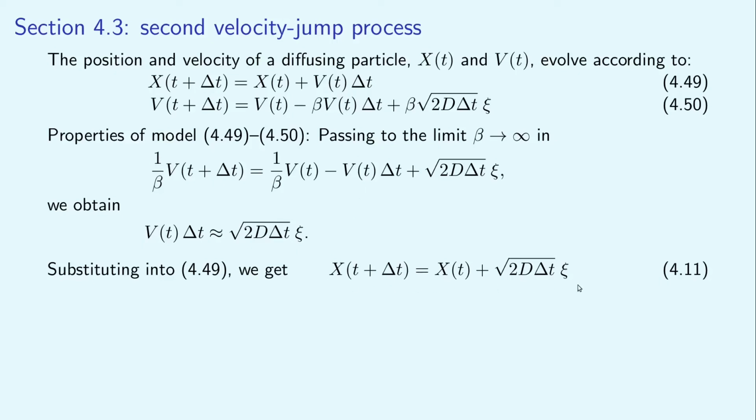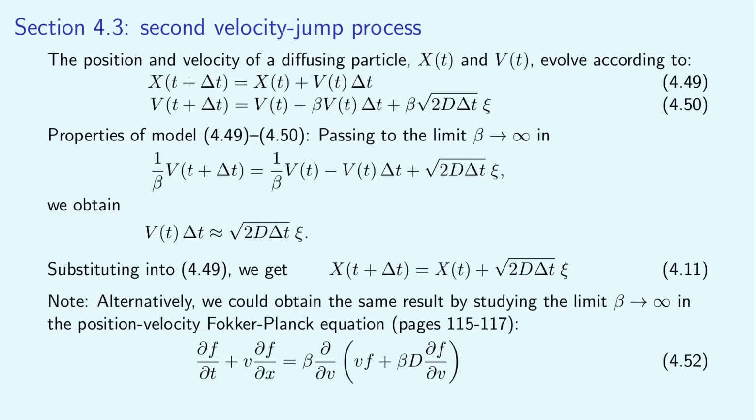So this was a very quick way to justify that we again have a good model for diffusion with diffusion constant d for sufficiently large beta, or equivalently for sufficiently large times t, as we have already observed with our first velocity jump process. Here, let me note that we could also analyze this velocity jump process by writing an equivalent Fokker-Planck equation for the corresponding density function and passing to the limit beta goes to infinity.